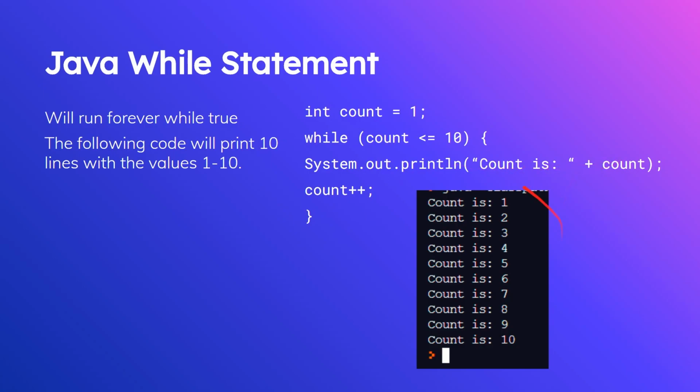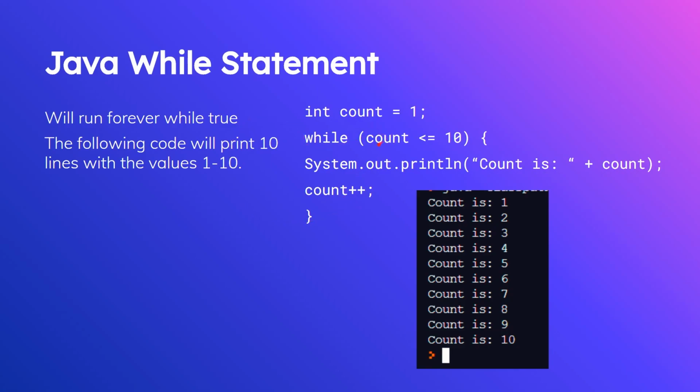So we print out count is 1. And then this is called an increment. All it's saying is to add 1 to our count variable and then assign that new value to the count variable. So instead of count being equal to 1, with this count increment, now count is equal to 2.